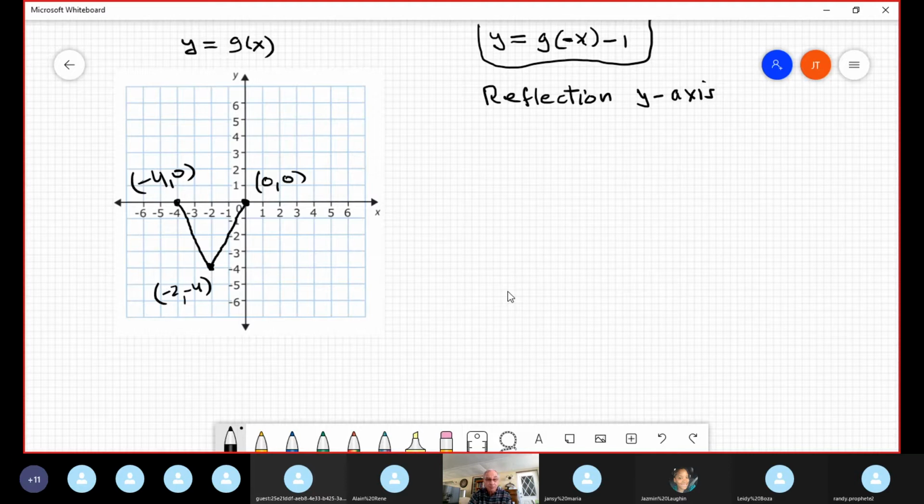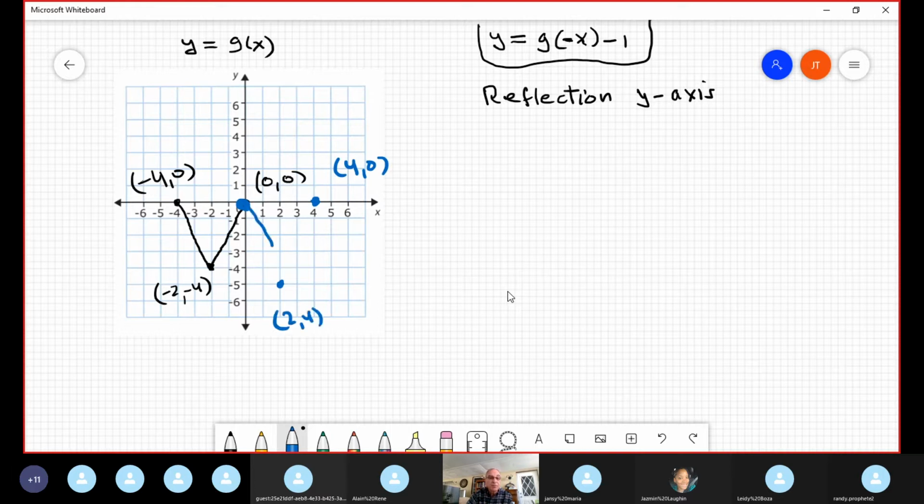This is 0, 0. 0, 0 stays the same because 0 has no sign. But this is -4, so now it's +4. And this is -2, and it's +2. So this point now is 4, 0, and this point is 2, -4.